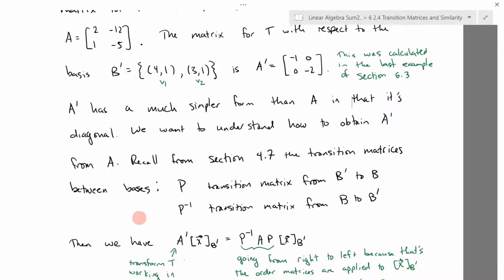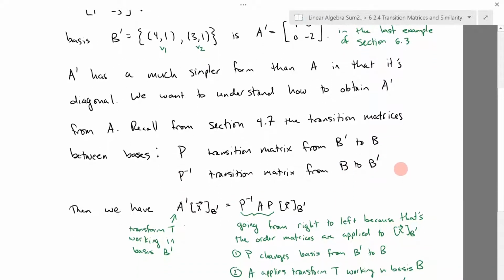So if I want to take as input vectors in the basis B prime, I first have to transition from B prime to B by matrix P, and then now I'm working in basis B, so I'm allowed to transform using A, which outputs a vector in basis B. Then if I want to output in basis B prime, I need to transition back from B to B prime.